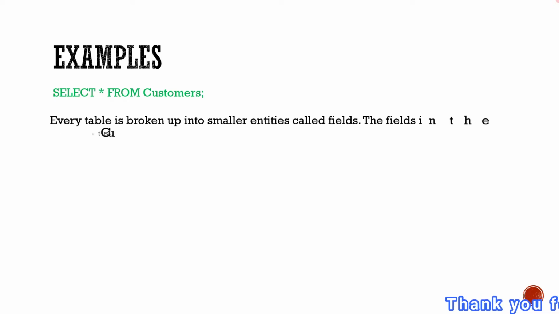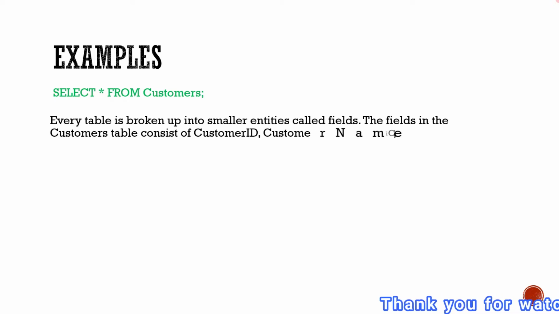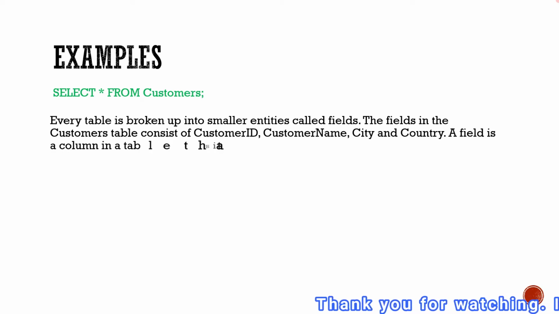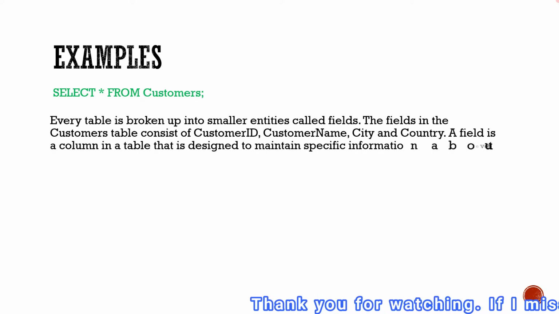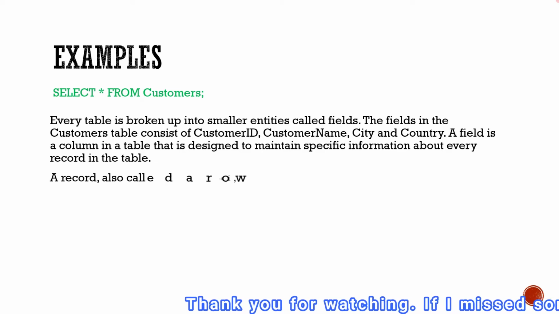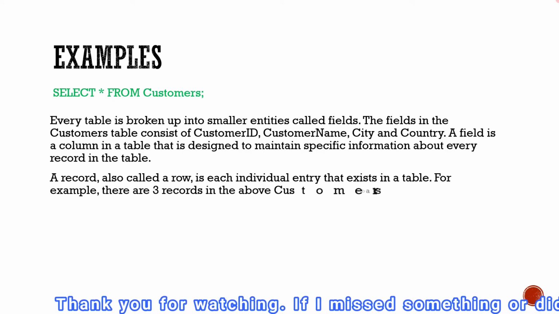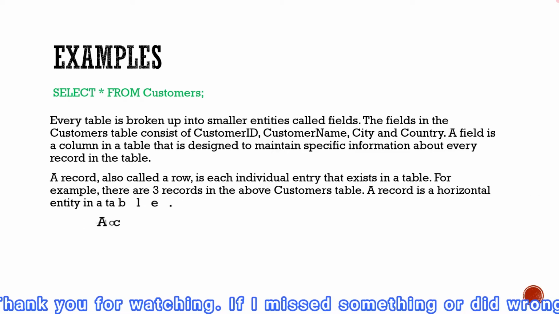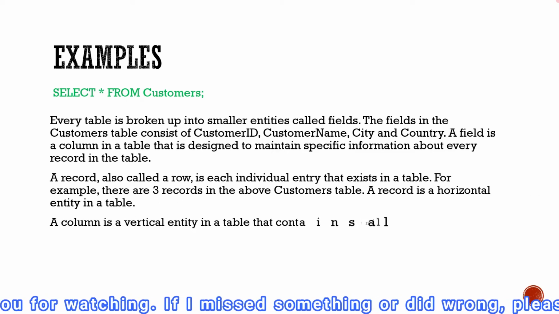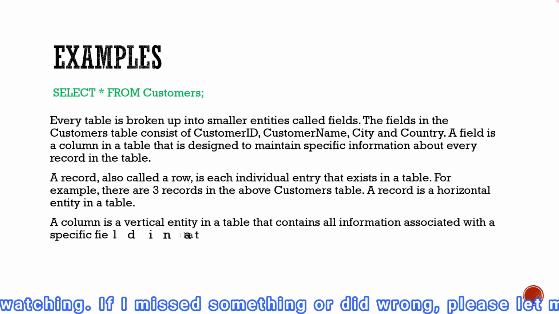Every table is broken up into smaller entities called fields. The fields in the customer table consist of customer ID, customer name, city and country. A field is a column in a table that is designed to maintain specific information about every record in the table.